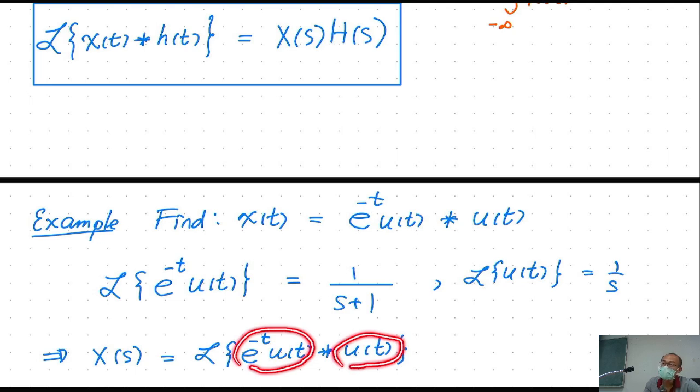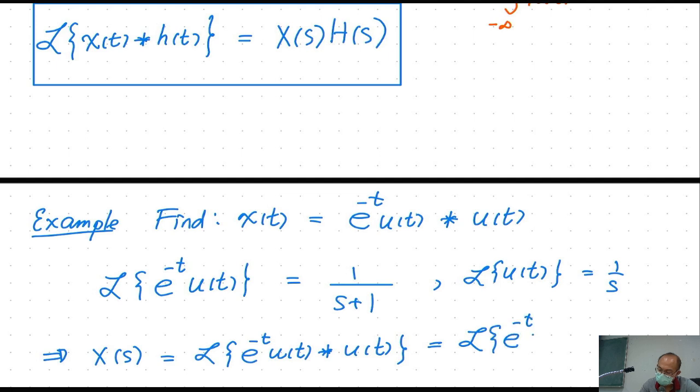And using that property, at the top of the page, it is equal to the Laplace transform of e to the negative t u(t) multiplied by the Laplace transform of u(t). This is from the convolution property.